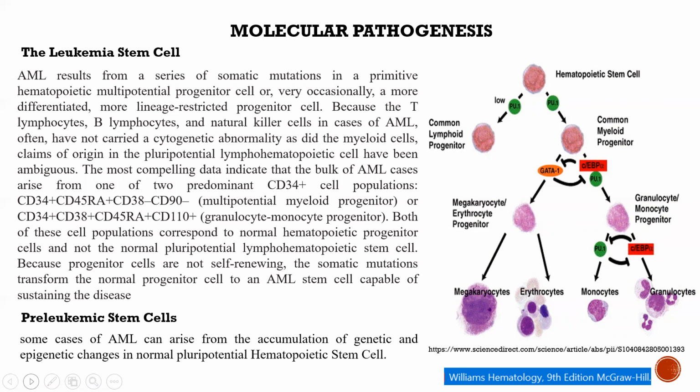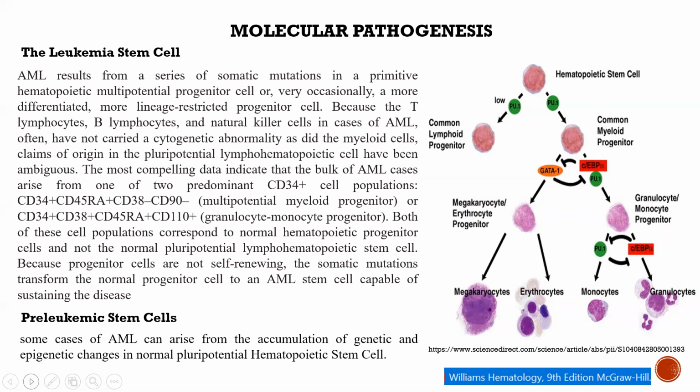Both of these cell populations correspond to normal hematopoietic progenitor cells and not the normal pluripotential hematopoietic stem cell. Because progenitor cells are not self-renewing, the somatic mutation transforms the normal progenitor cell into an acute myeloid leukemia stem cell capable of sustaining the disease.